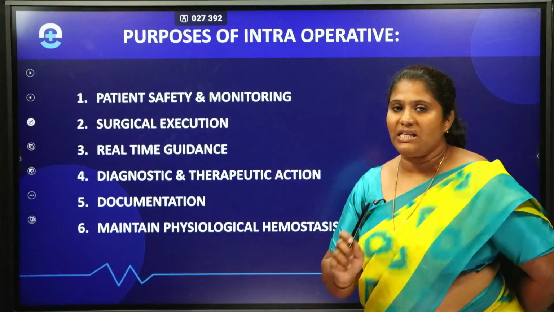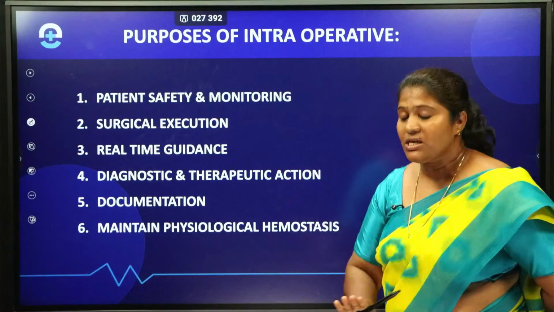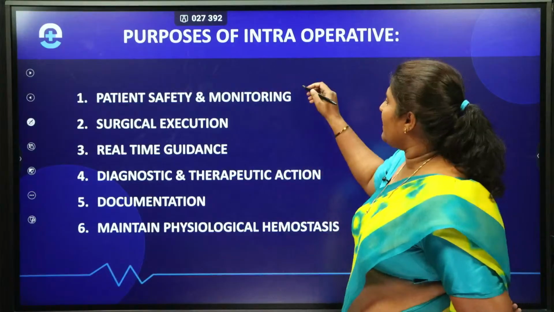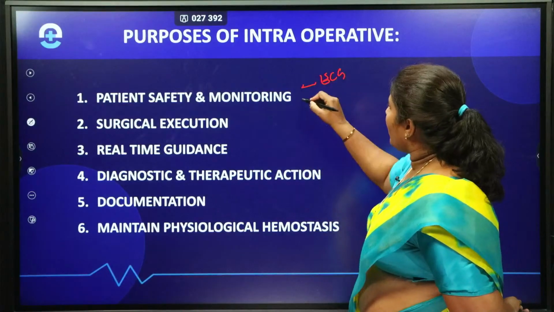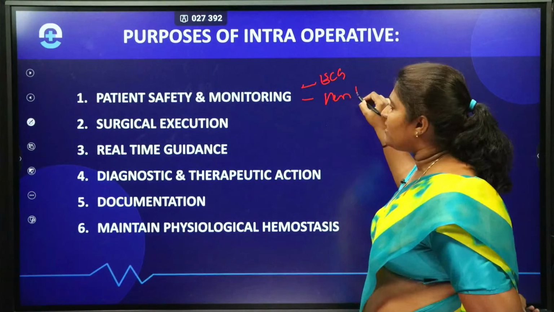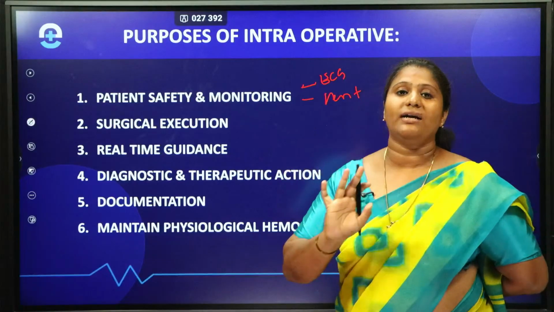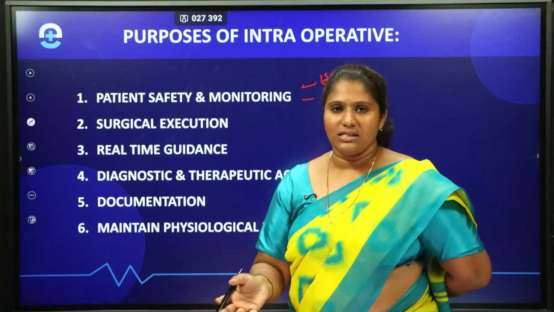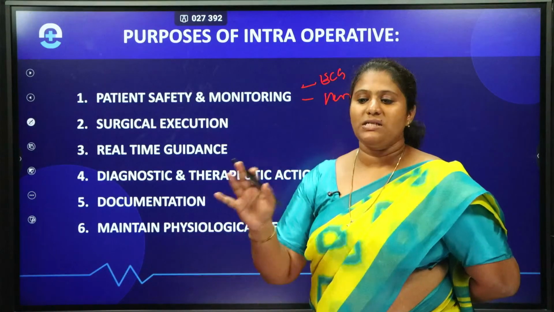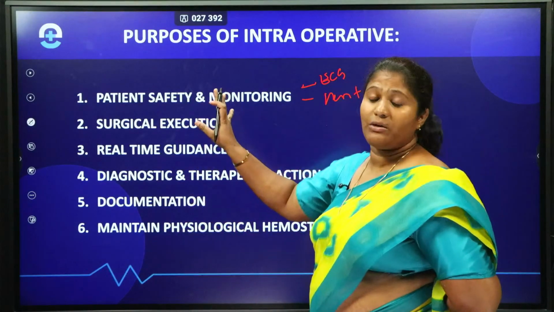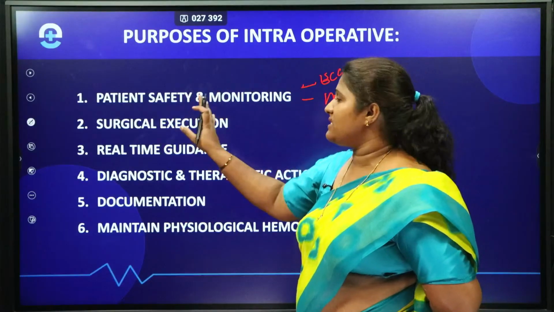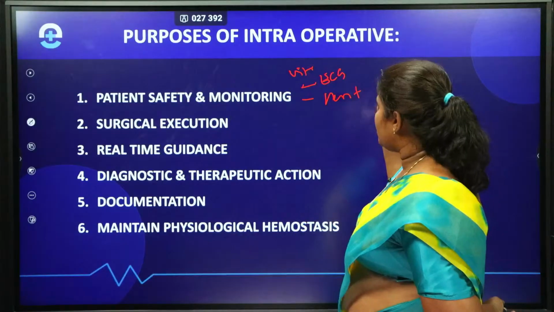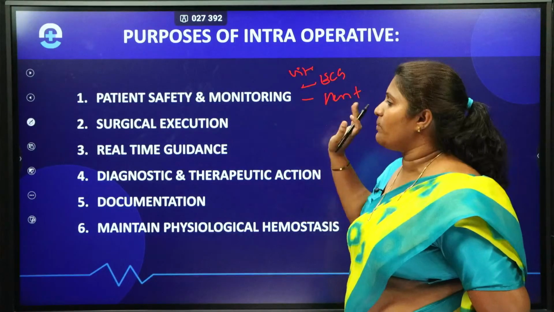We need to see that the patient is kept in a proper position, and we have the ECG machine and the ventilator, everything monitored on time. The circulating nurses have to see all those things because of the importance of patient safety, and monitor all the procedures, vital signs, ECG machine, ventilation. Everything we need to check.